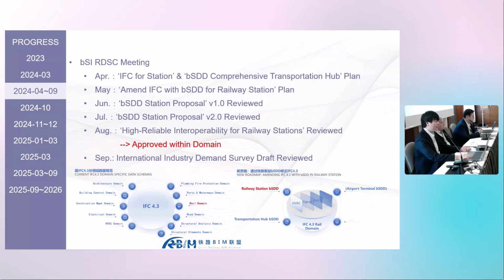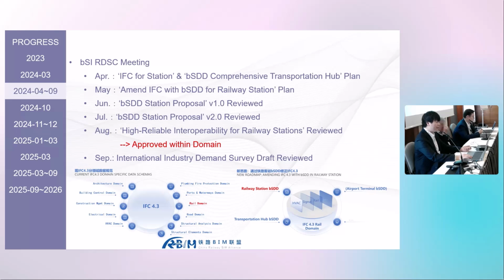Between April 2024 and September 2024, we did a lot of preparation work, including turning the IFC for Station plan into a highly reliable interoperability plan for railway stations. We finished our proposal, turned in the DPP, and got it reviewed at the bSDD RDSC meeting.